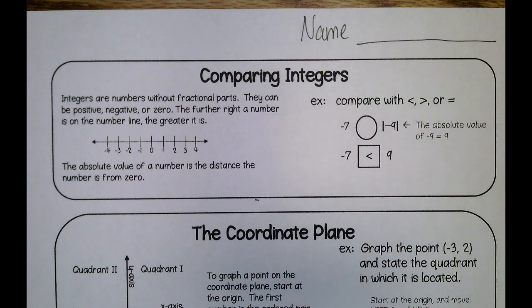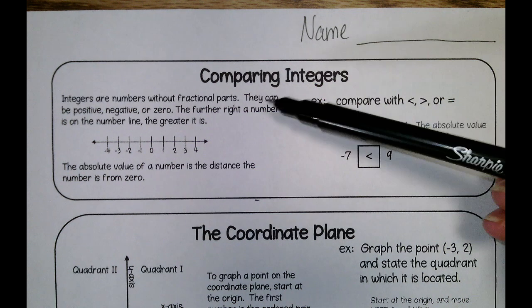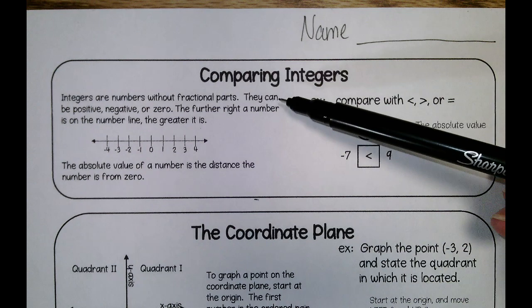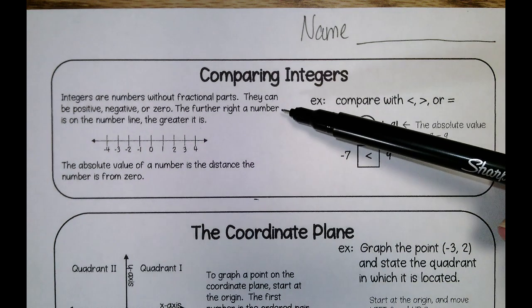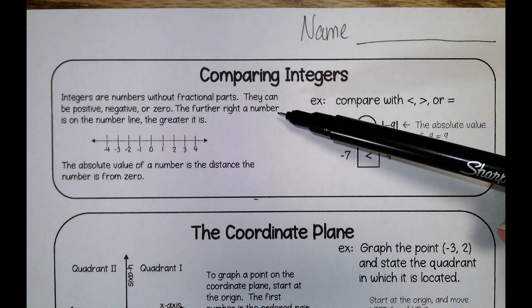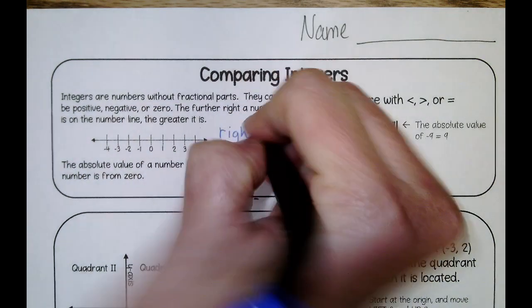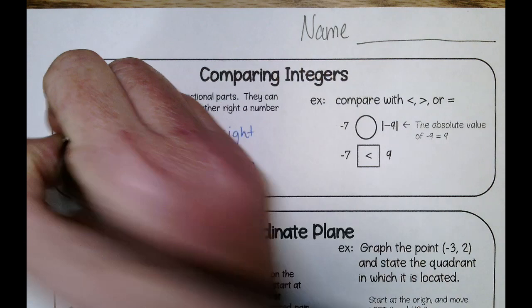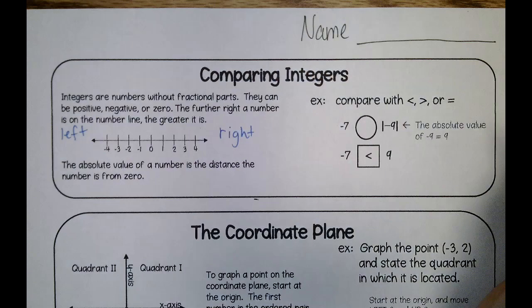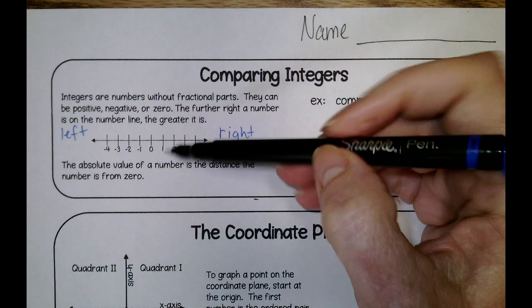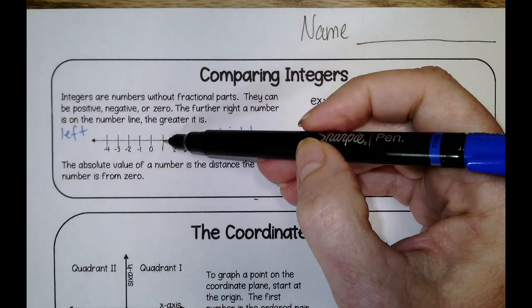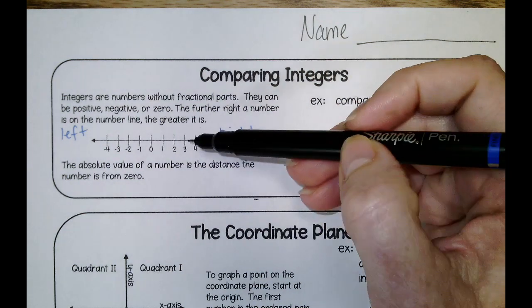Okay? So comparing integers. Integers are numbers without fractional parts. They can be positive, negative, or zero. The further right a number is on the line, the greater it is. Okay? As you can see, 2 is greater than 1, 3 is greater than 2, and it goes like that.